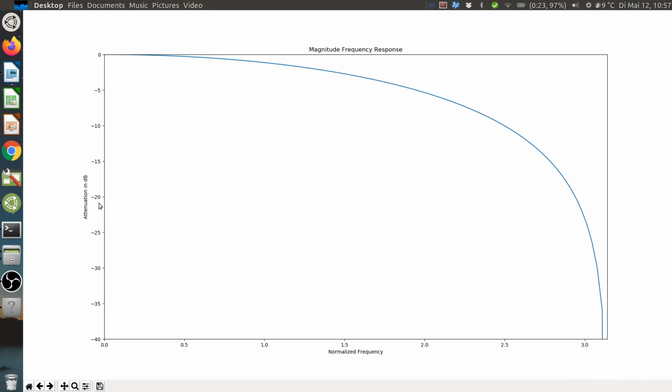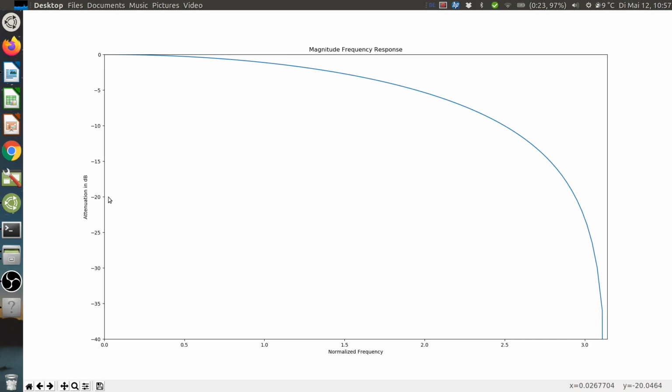So here we have minus 20 dB. What is minus 20 dB for the magnitude of H? Basically we have to convert back, right? Remember, dB was 20 times log base 10. So first, to get the log base 10, we need to divide by 20.